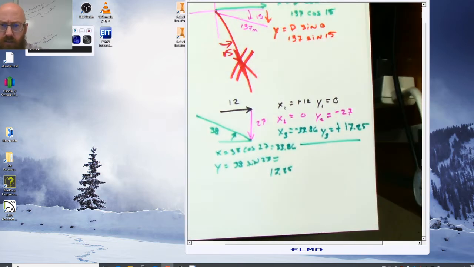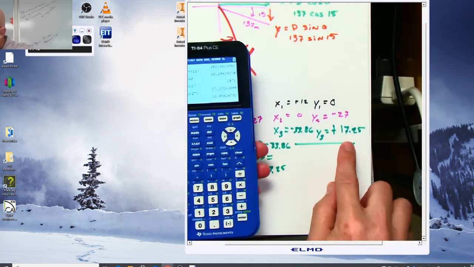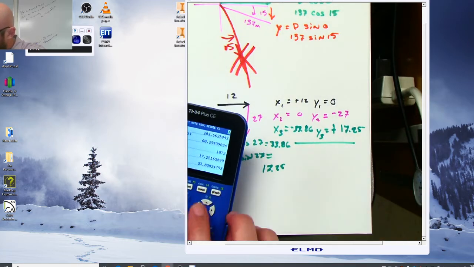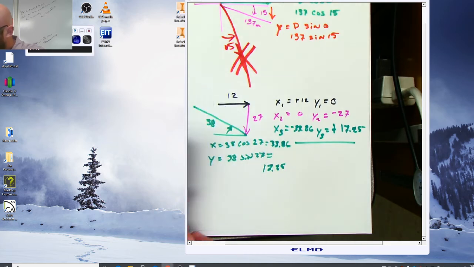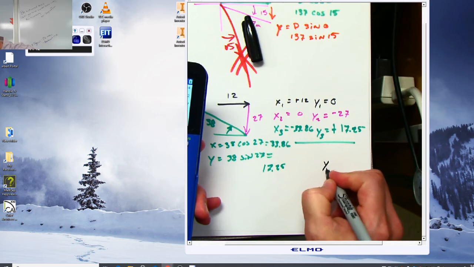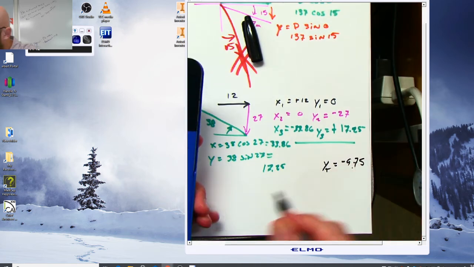Now again, you can add those up real quick. Positive 17 because it's going up, plus my negative 27 gives me a Y total of negative 9.75.